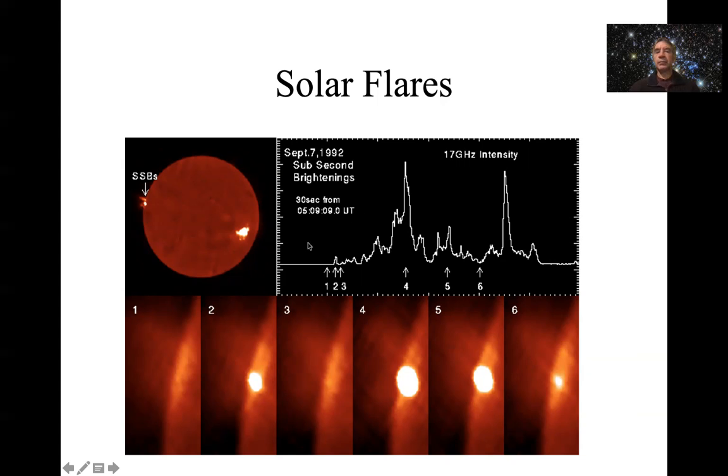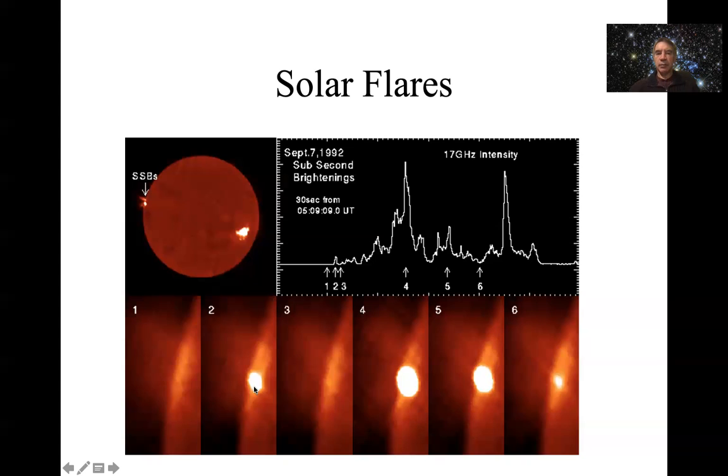But this is a very fast phenomenon. This is the intensity of the radio emission from the sun, from this solar flare event. And you can see that this is only 30 seconds of data here, and it's flaring up and down in about 1 second of time.